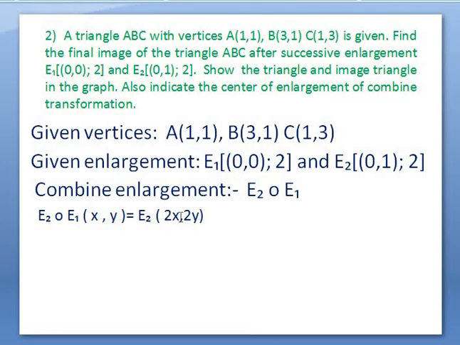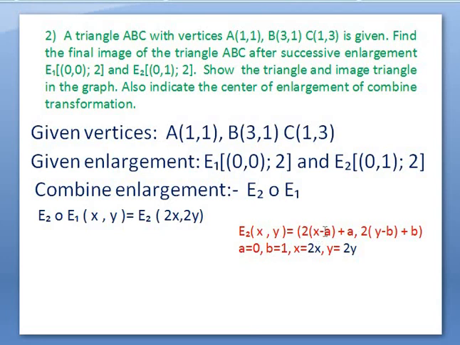Let us discuss first the formula for this enlargement E2. What formula do we have? Do you remember that formula? Yes. Look at it. E2(x, y) is (2 times (x minus a) plus a, 2 times (y minus b) plus b). So we replace a equal to 0, b equal to 1, k equal to 2.